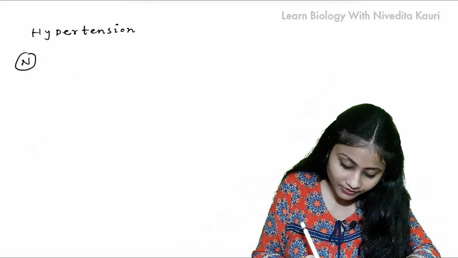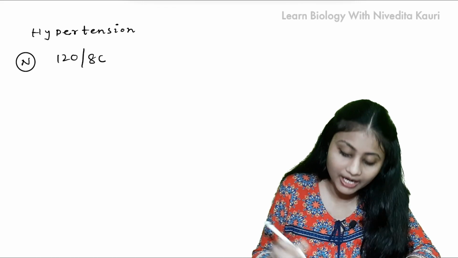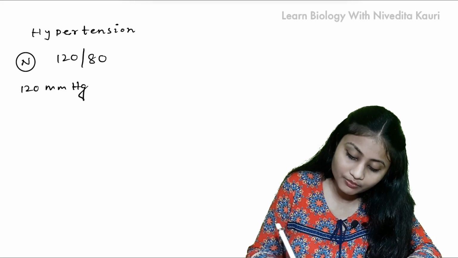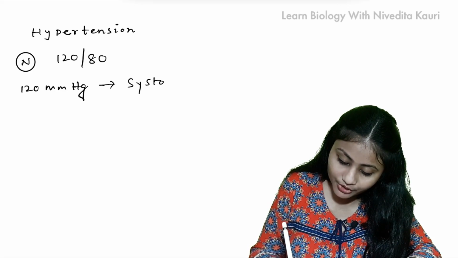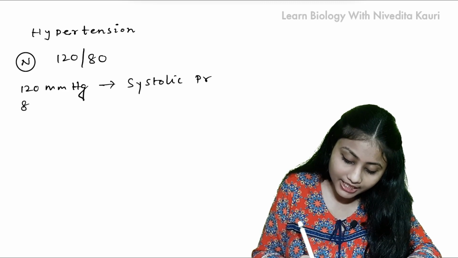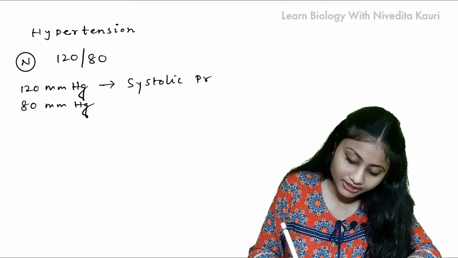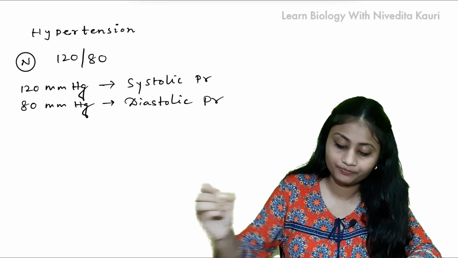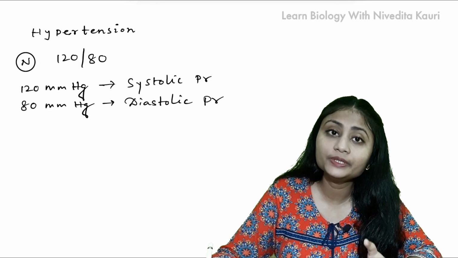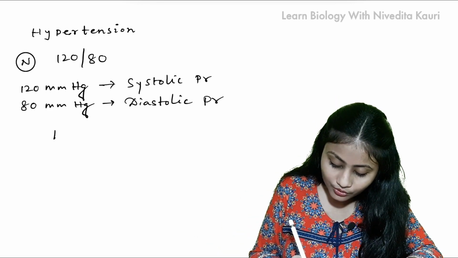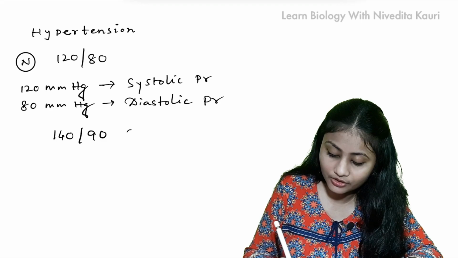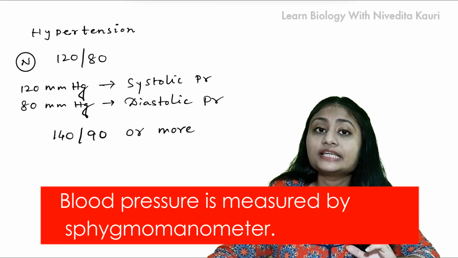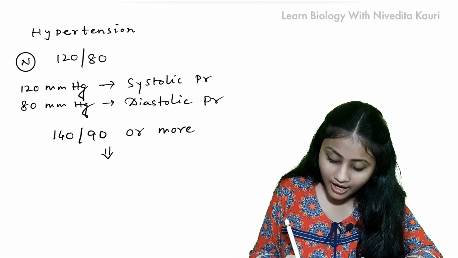Normally, it is 120 by 80. 120 millimeter of mercury is the systolic pressure and 80 millimeter of mercury is the diastolic pressure. When BP value comes to be 140 by 90 or more on repeated checks, then the person is said to be suffering from hypertension.